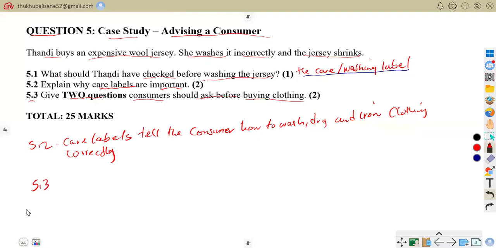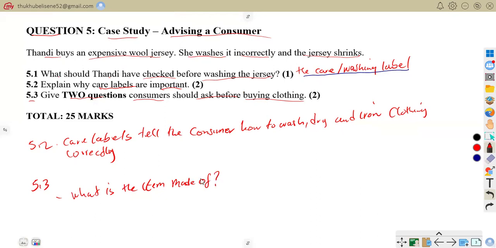That is 5.3. Give 2 questions a consumer would ask before buying clothing. What is the item made of? That is the first question that they can ask.